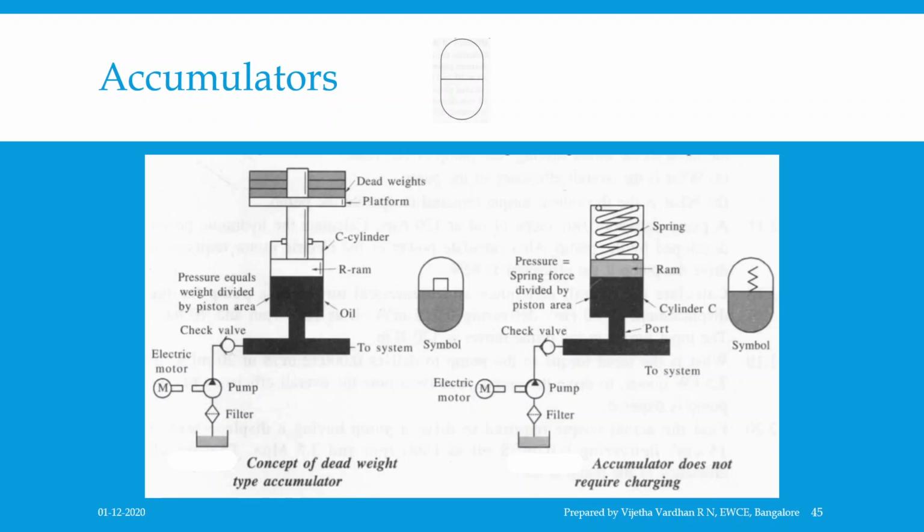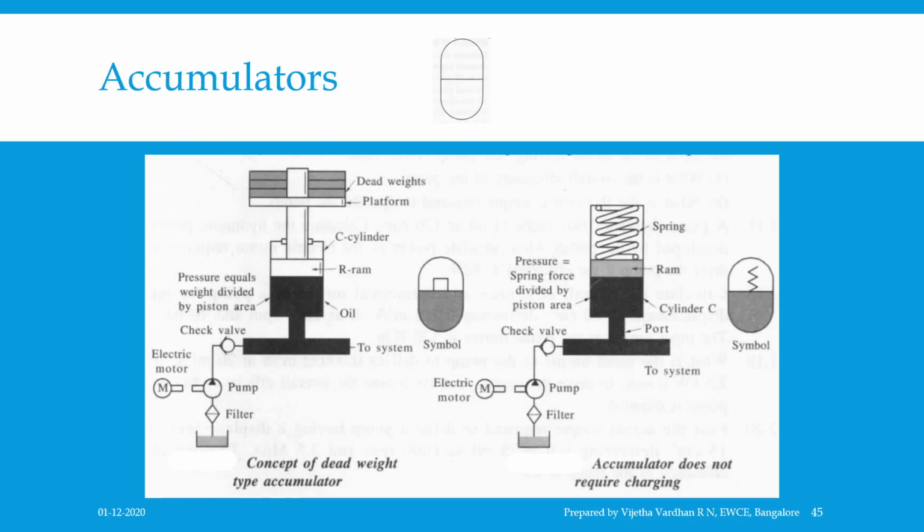Then coming to the spring-loaded accumulator, which you can see on the right hand side. This also contains a ram R moving in a cylinder C against a compressive spring. The accumulator uses the energy stored in the spring to create a constant force on the contained fluid.